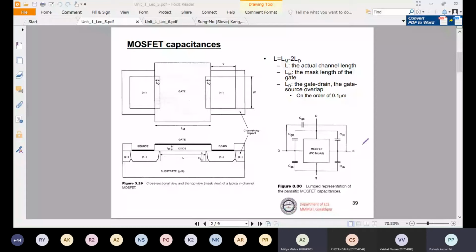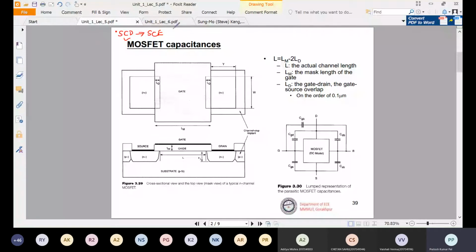So in the previous class, we have gone through the short channel devices. What are the effects of short channel devices? We have studied short channel effects in these devices. We have also seen the narrow channel devices. The difference is because of the length.